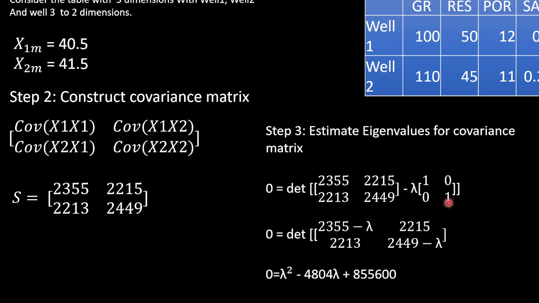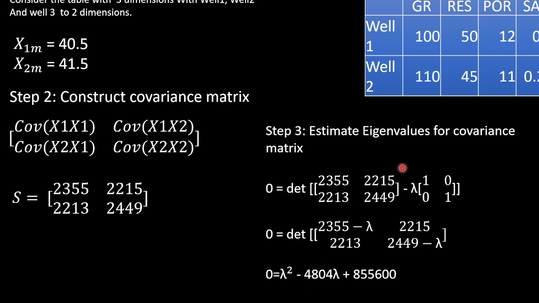Again lambda will be here. So 2449 minus lambda. So determinant AC minus BD. When you do AC minus BD, you will be getting lambda square minus 4804 lambda plus 8555600. So this is the equation finally you will be getting.